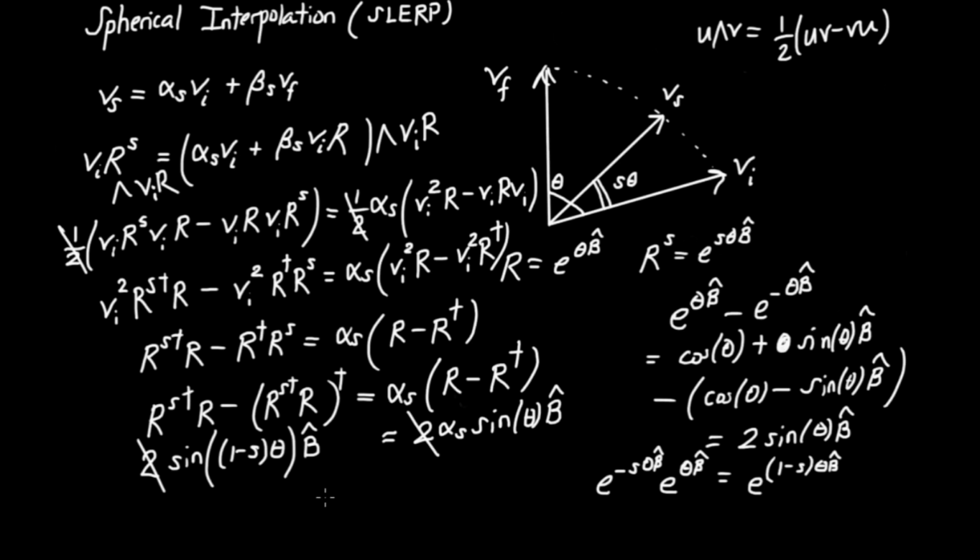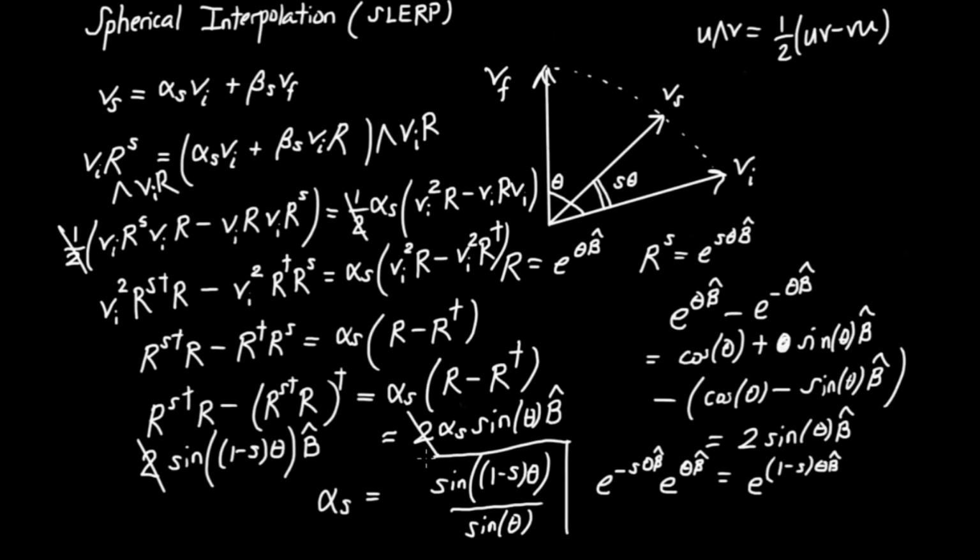So what that means is that, just doing the last manipulation there, alpha sub s, just dividing both sides by sine theta, is equal to sine of 1 minus s times theta divided by sine theta. So we've got our formula as a function of s of that first coefficient, the coefficient that's going to have to be in front of v_i, the starting vector.